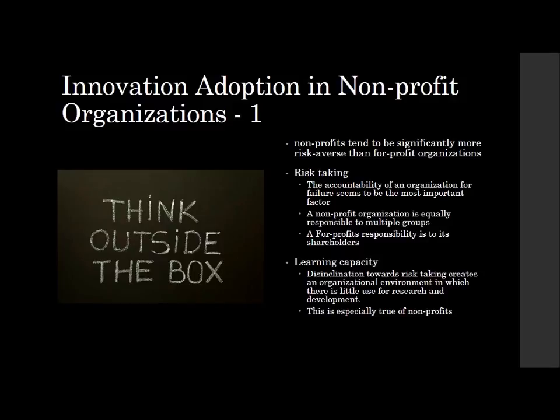An organization's risk taking is based on how much failure it can tolerate, which in turn is directly related to the number of groups to which it is responsible and its reliance upon each group. A nonprofit organization is equally responsible to multiple groups, to multiple stakeholders. A for-profit's responsibility is to its shareholders and the profit that the shareholders receive.